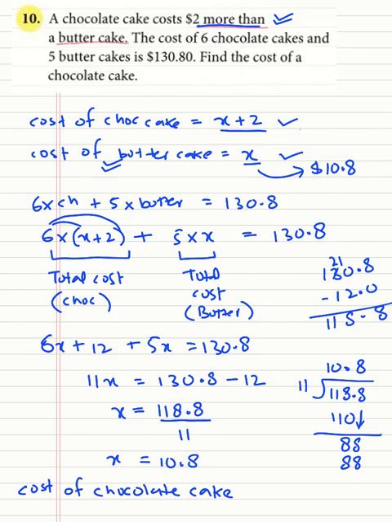So x is 10.8. Here we will just add 2. The cost of chocolate cake is $12.8. So this is our final answer, as the requirement was to find out the cost of chocolate cake. So here is the cost of chocolate cake.